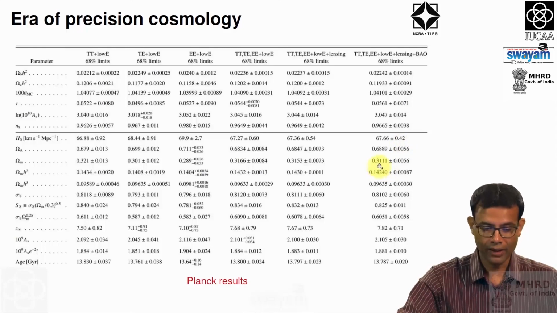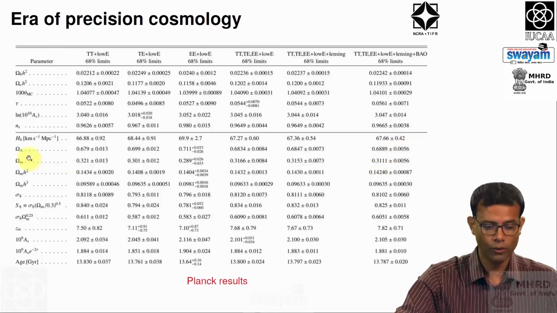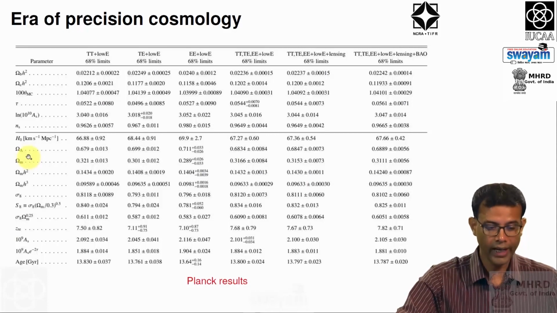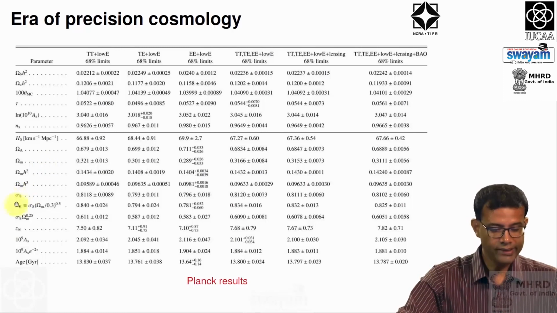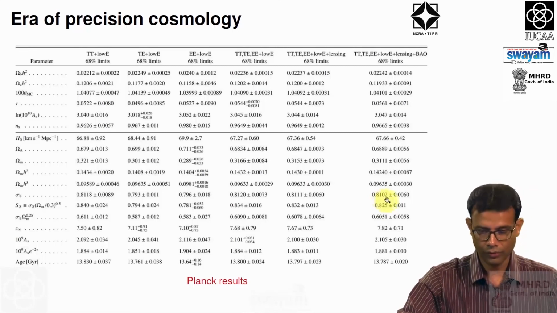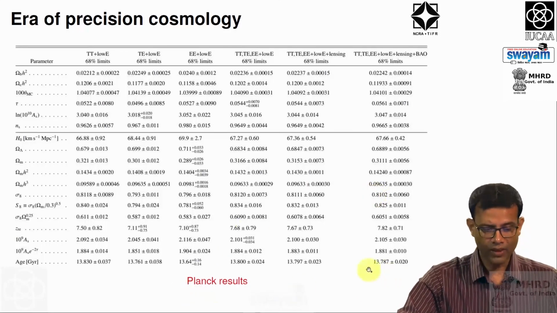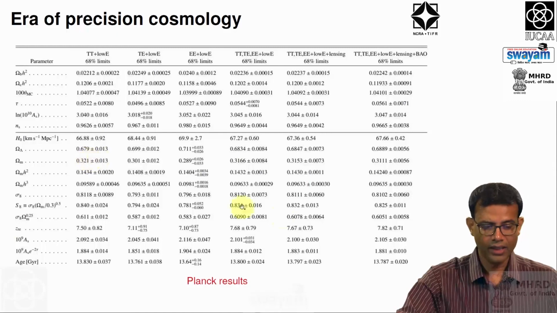Omega matter turns out to be just 1 minus this. Omega matter contains both omega baryon and omega dark matter. Okay. Sigma 8 is nothing but something to do with the normalization of the power spectrum, which is quite crucial for studying structure formation. Then comes the age. Age is something which, given everything else, one can determine.